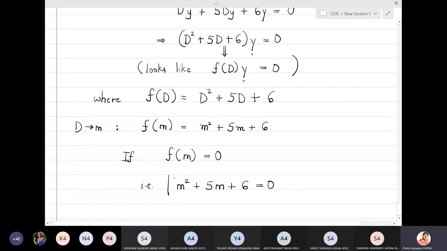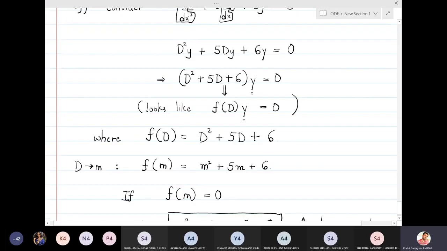This equation is called the auxiliary equation. So let me write it. Auxiliary equation. Okay. So far I have done nothing.